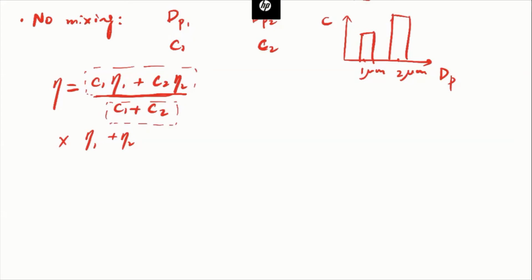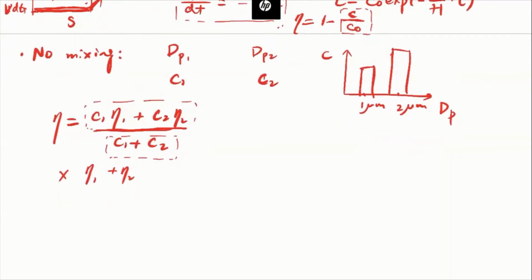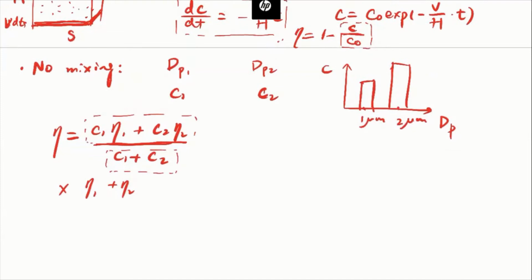And in terms of eta 1 and eta 2, they still have the original relationship, which is basically eta equal to Vt divided by h, right? We just need to plug in eta 1 equal to V1 T divided by h, and eta 2 equal to V2 T divided by h.